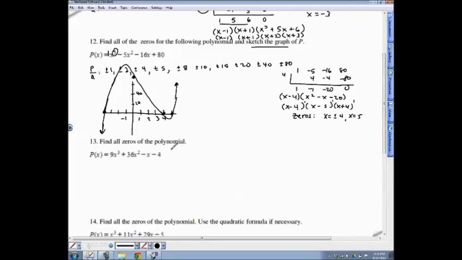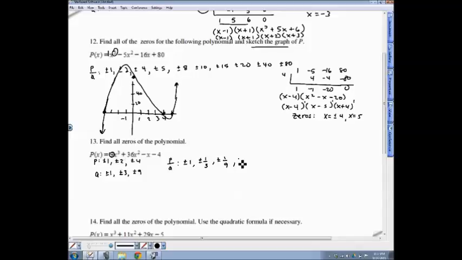Okay, question 13, find the zeros. For this one, values of p are plus or minus 1, 2, and 4, but now the values of q are a little different. We have a leading coefficient of 9, so it's plus or minus 1, 3, and 9. So for the values of p over q, you've got to divide all the values of p by all the values of q. So 1 over 1 is 1, 1 over 3 is 1/3, and 1 over 9 is 1/9.